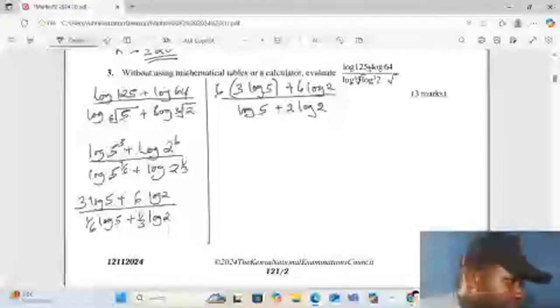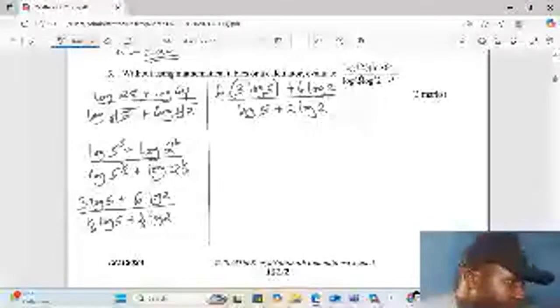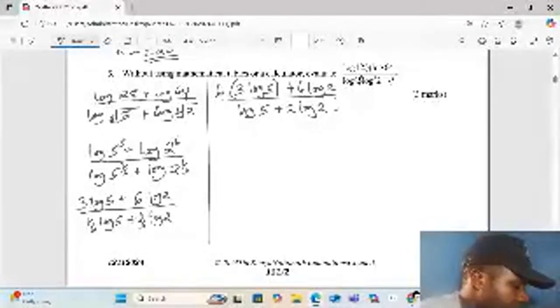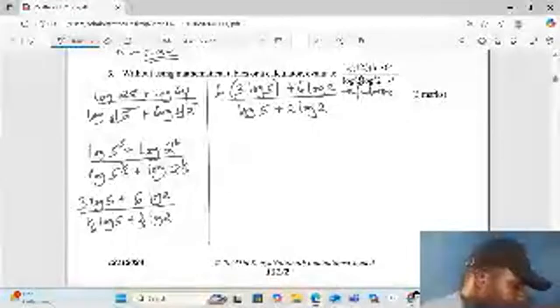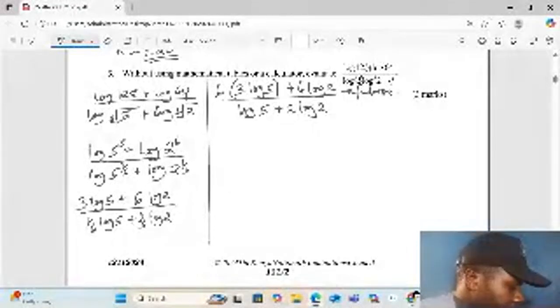Now we collect, or we factorize. When we factorize this one, we are going to factor out 6. 6 is our common factor.